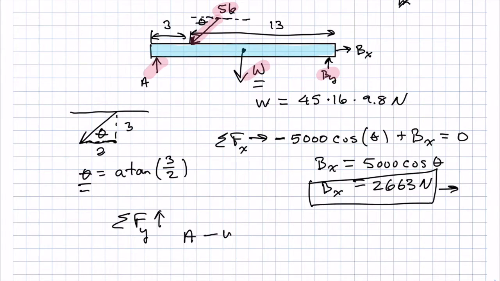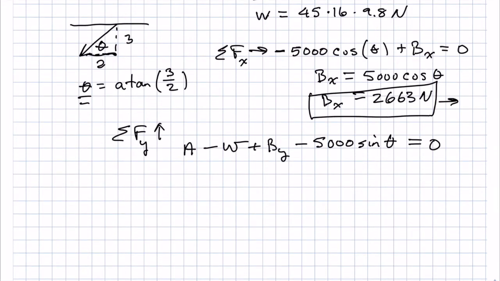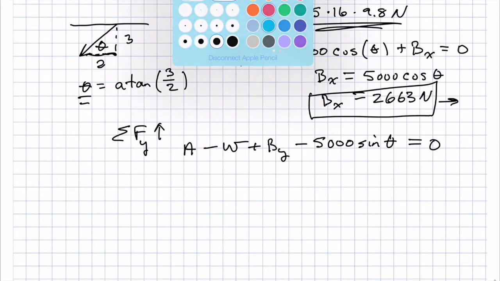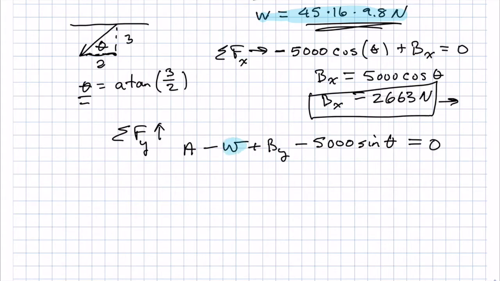Then we subtract the weight W, we add By, and then we have, working down, 5,000 times the sine of theta, equals 0. What's known? W is known, so we can substitute that number for W. The sine term is known because we know theta. All that's left is solving for A and By. But that's one equation with two unknowns, so we need another equation.